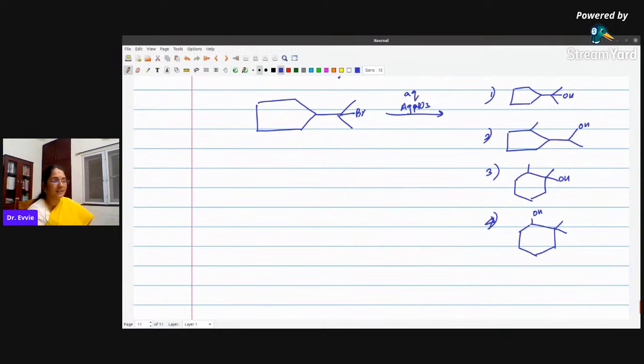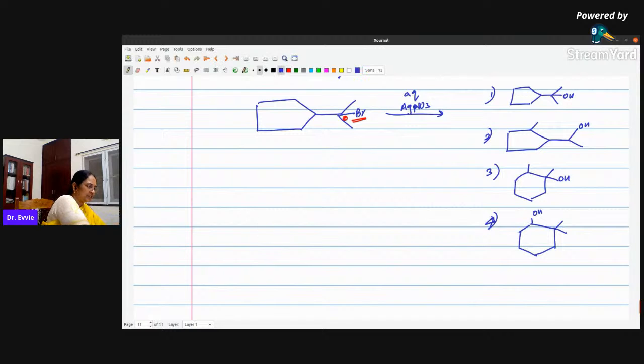So let me just tell you the concept here. First you have the intermediate. Once the Br minus goes away, let me write it here itself. When the Br minus goes away, there will be a positive charge here. So a 5-membered ring and a positive charge outside, it will undergo ring expansion.